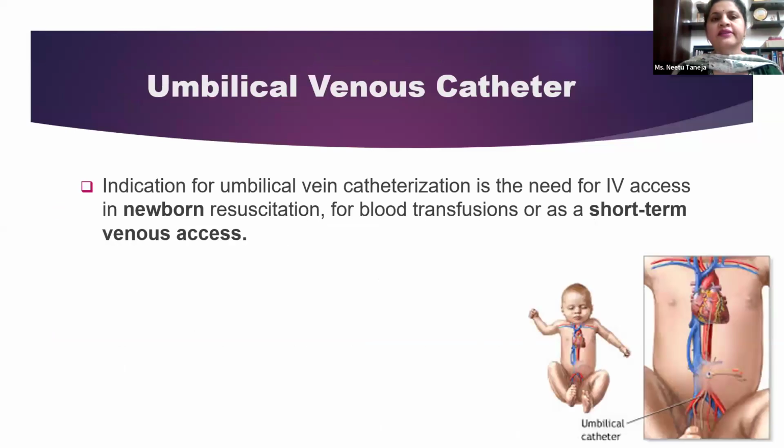Another type is the umbilical venous catheter. You all know these are the choice when you need IV access in newborns, and we can use them only for short term venous access.